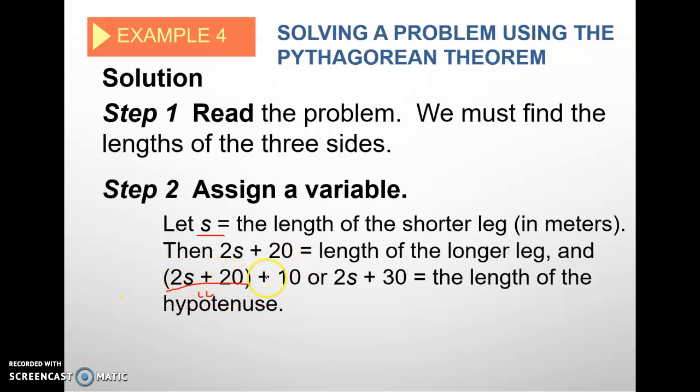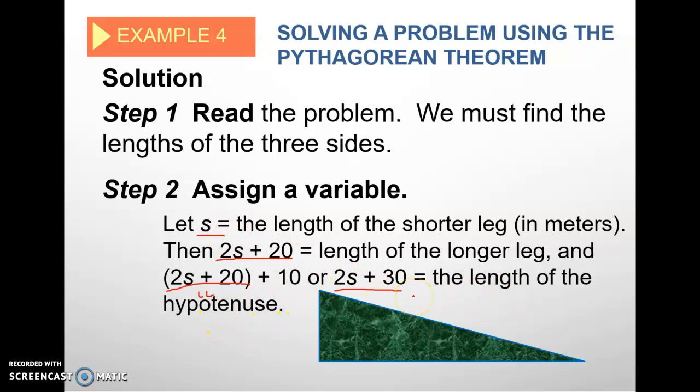If we simplify that, we have 2s plus 30. So this is now our hypotenuse, this is our longer leg, and this is our shorter leg. So the shorter leg is s, the longer leg is 2s plus 20, and the hypotenuse is 2s plus 30.